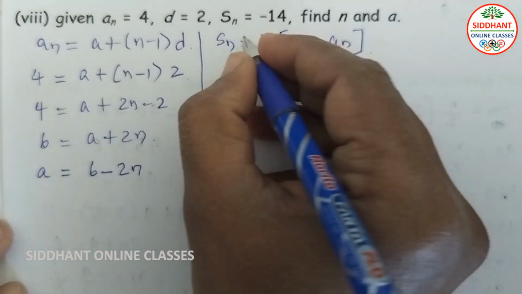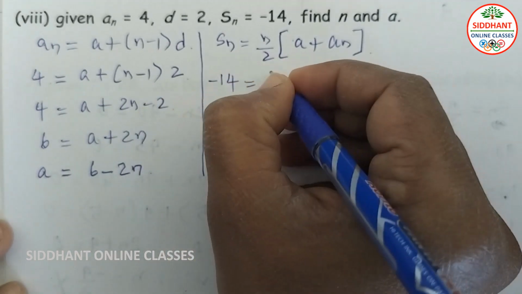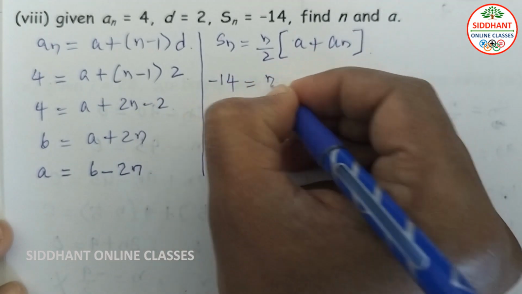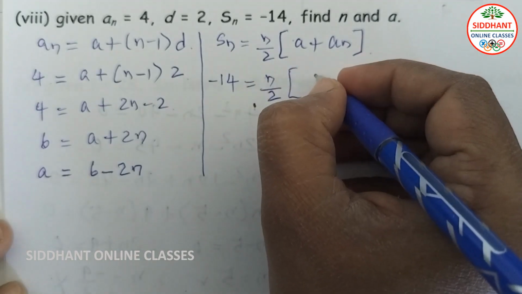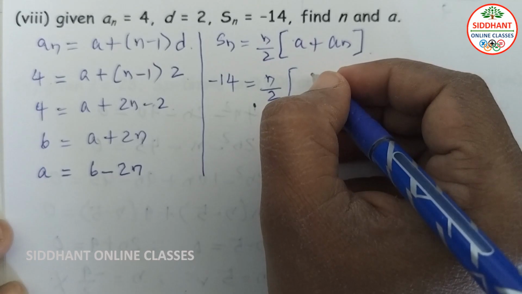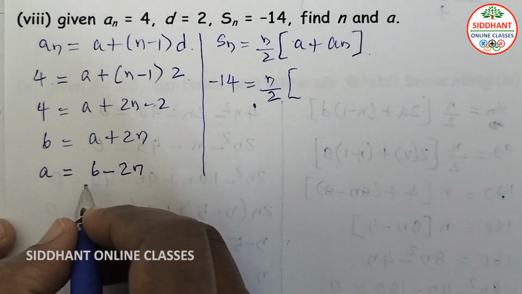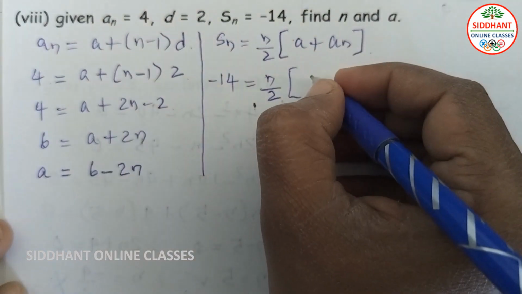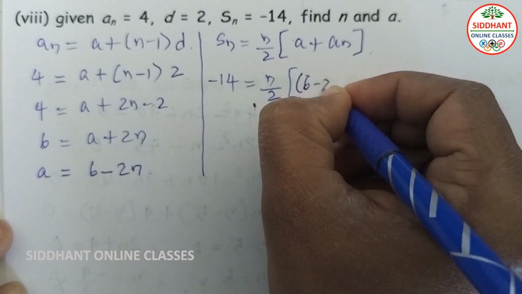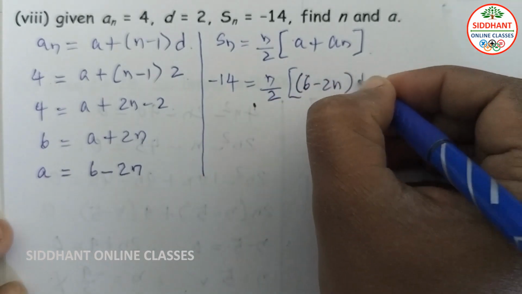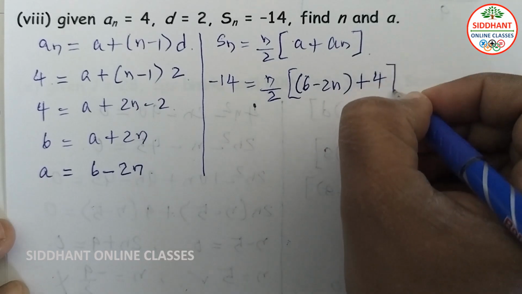Sn is given, which is minus 14. n we are going to find out, n by 2 into a, which is 6 minus 2n, plus an is given, which is 4.